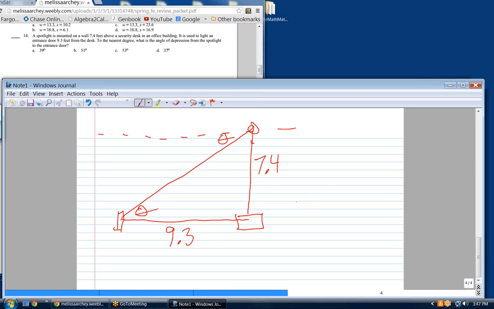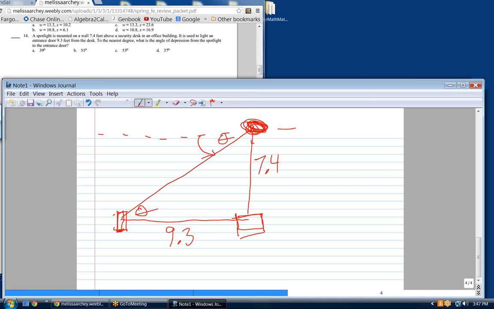I'm lost here. Okay, here's the spotlight. Here's the door it has to shine on. Here's the desk below the spotlight. Right. So it allows us to create a triangle that's 7.4 feet high, 9.3 feet length base, and what they're looking for is the angle of depression.